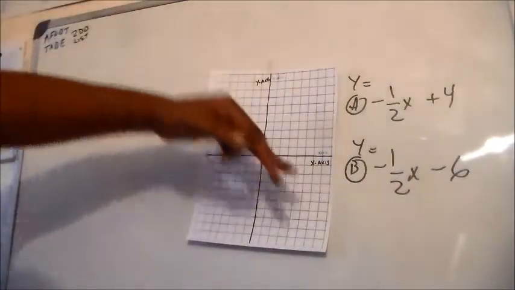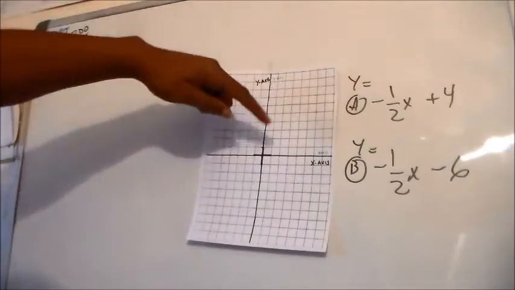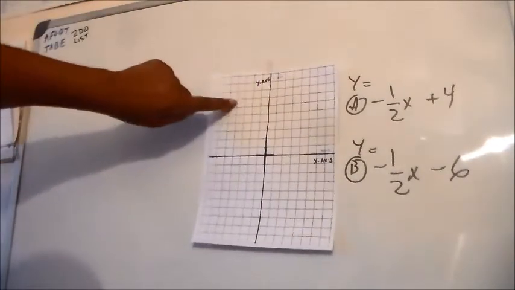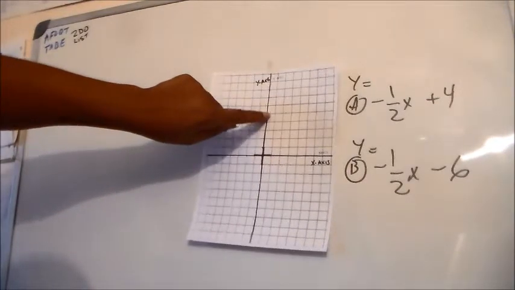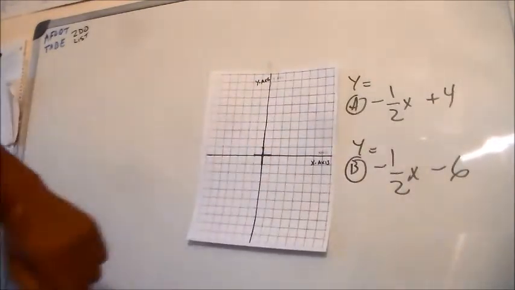The slopes are both going like this. They're negative, so they fall over run. They'll fall 1, run 2. Fall 1, run 2.